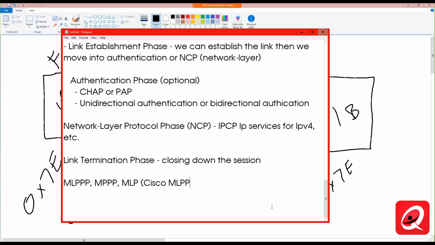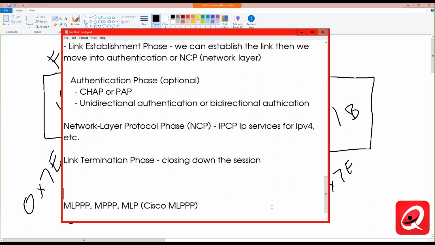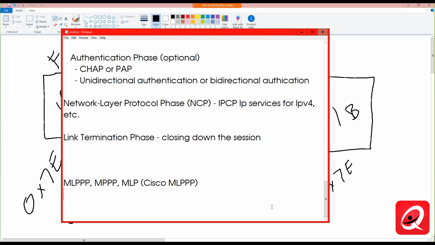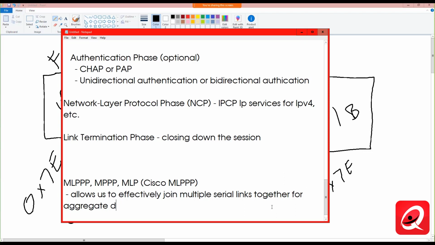So what this does, oops, I wanted to move that down a little bit, is this allows us to effectively join, sorry, I was sneezing between those words, join multiple serial links together for aggregate bandwidth and redundancy.